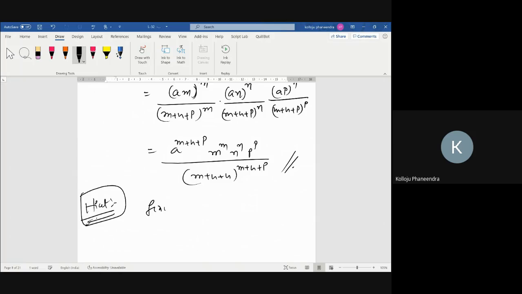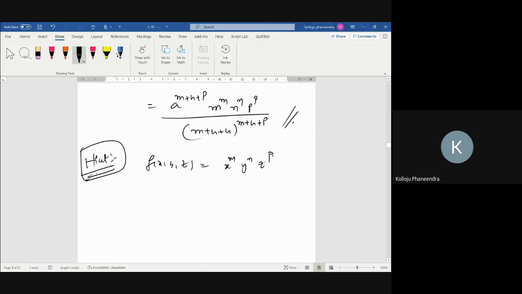What is my function f of x, y, z here? x to the power of m, y to the power of n, z to the power of p. Now you have to consider the so-called Hessian matrix. What is the Hessian matrix? It is denoted by h of x, capital X. In capital X, there are three variables.